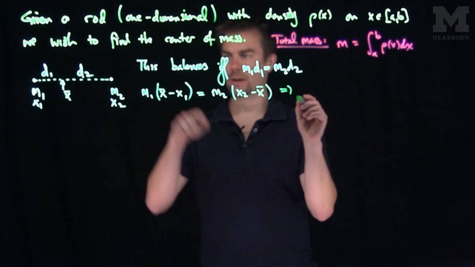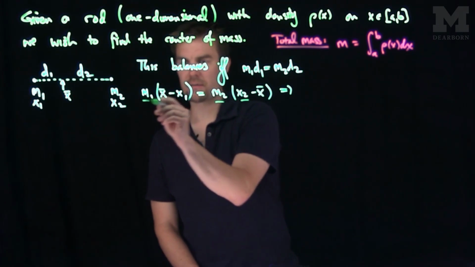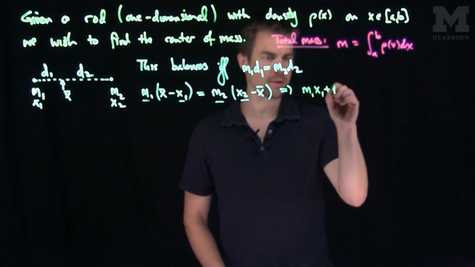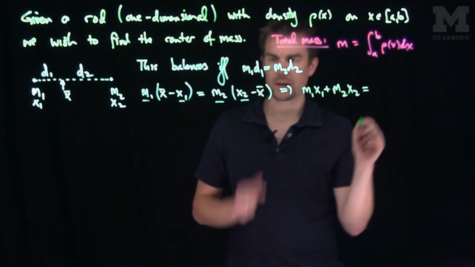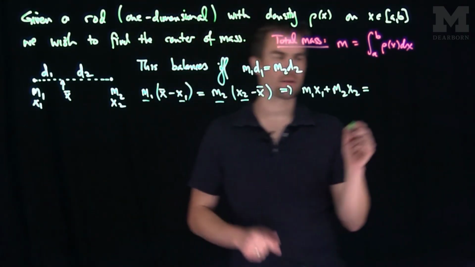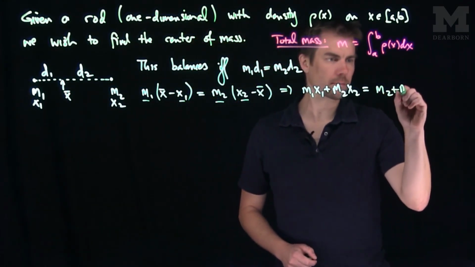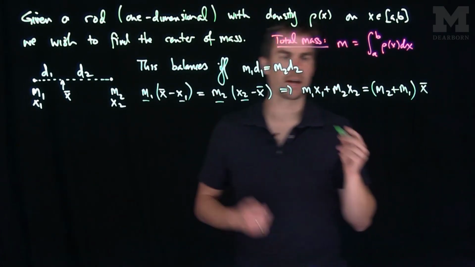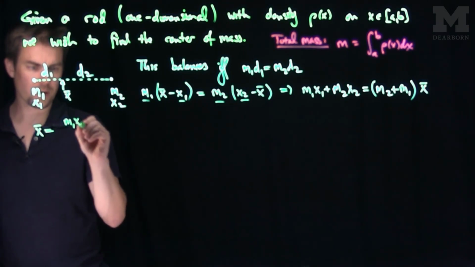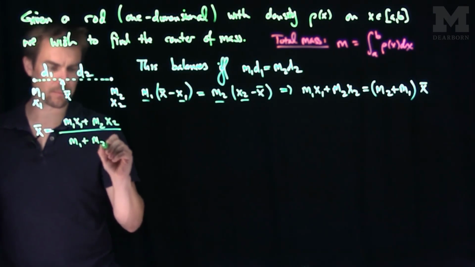I'll bring all the m1s and the x1s to one side, and all of the x bars to the other side. So m1 x1 plus m2 x2 is equal to m1 plus m2 times x bar, and that tells us that x bar is equal to m1 x1 plus m2 x2 over m1 plus m2.